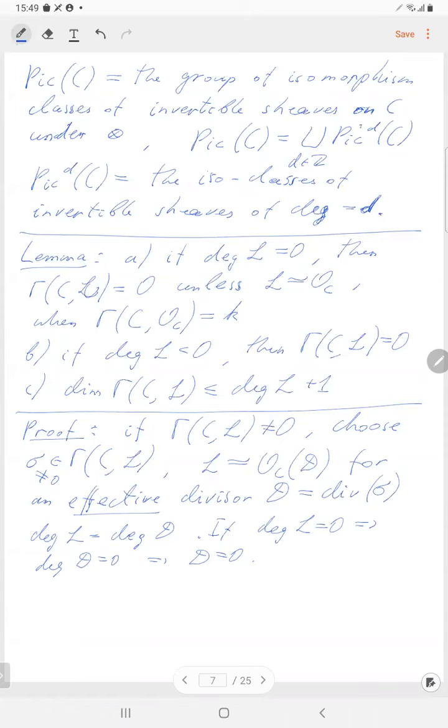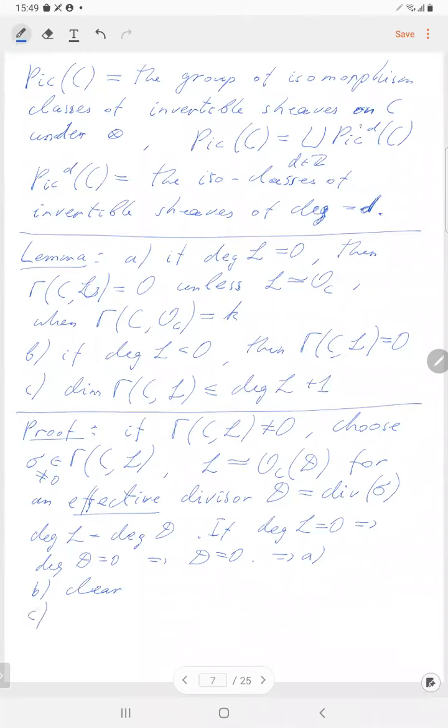This proves A. B is also obvious, since on the one hand the degree must be positive, on the other hand it's negative, so there's nothing to prove.